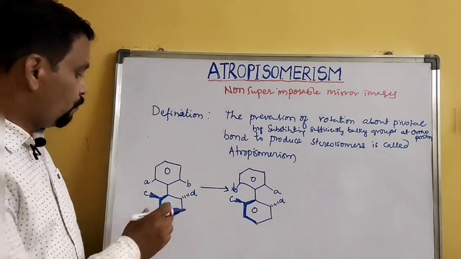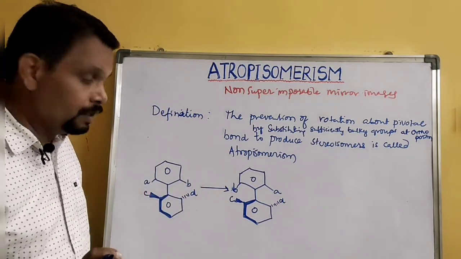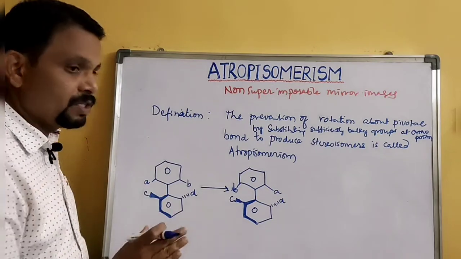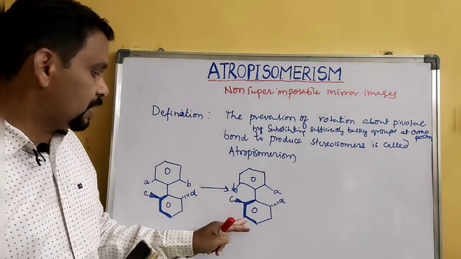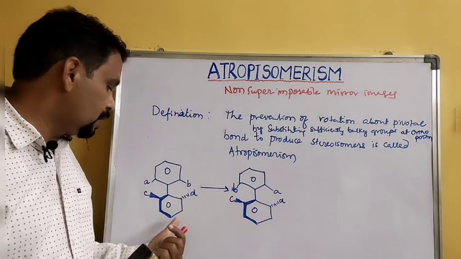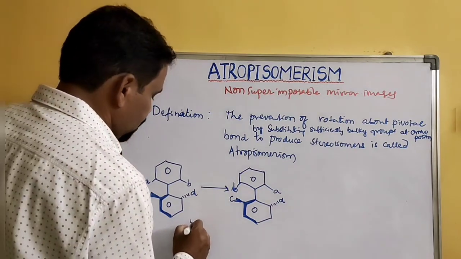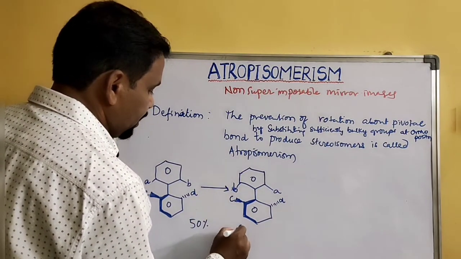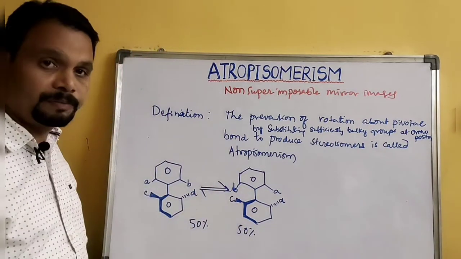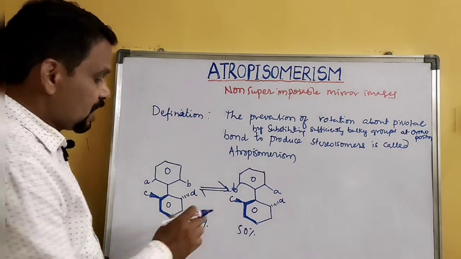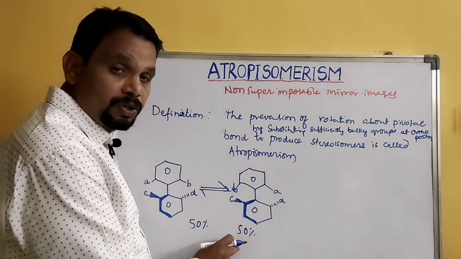When the ortho substituted groups are smaller, both isomers are at equilibrium, so one can convert to the other and back again. They will exist as 50% and 50% at equilibrium, as unresolvable stereoisomers.